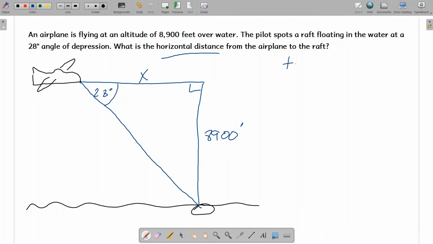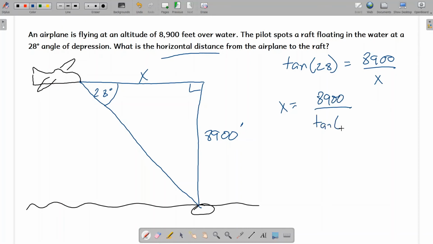So tan of 28 is equal to 8,900 feet over x. So x is equal to 8,900 divided by tan of 28. And when we make that calculation, let's see what we get here. We get 16,738.5 feet.